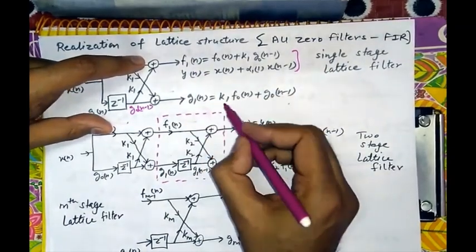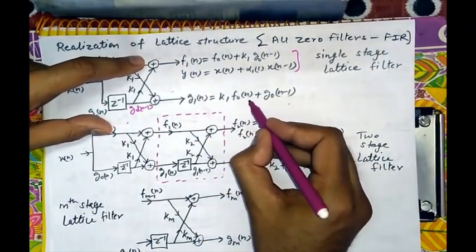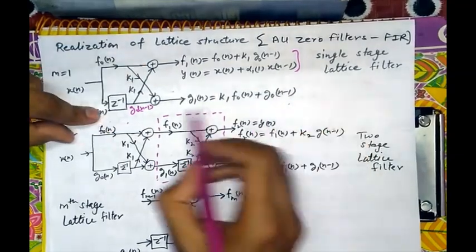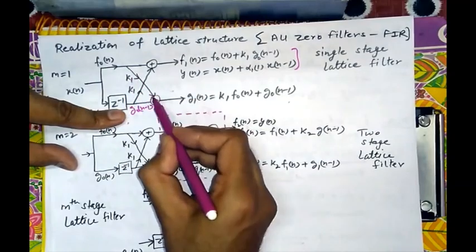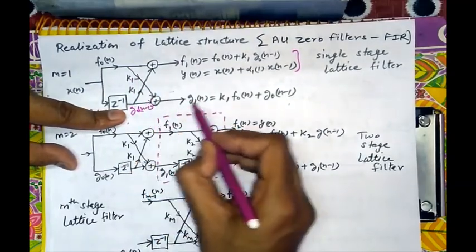Similarly g1n is k1 f naught n plus g naught n minus 1, that is g naught n is added with f naught n multiplied with k1. This structure, and it is g1n.